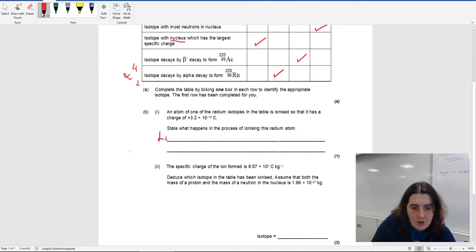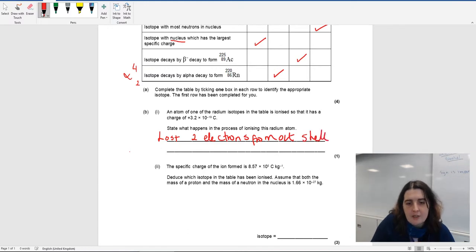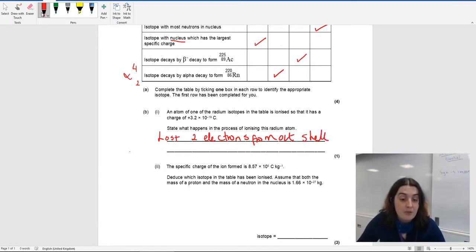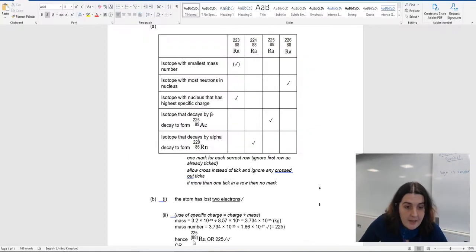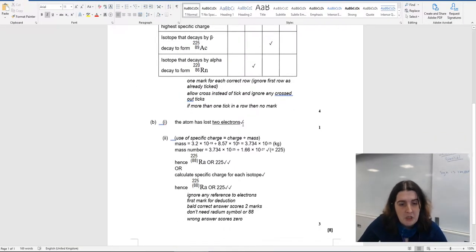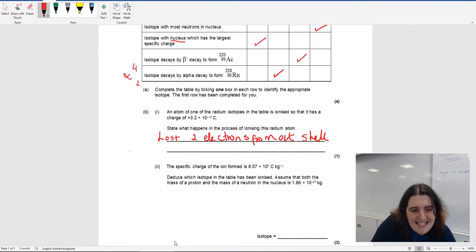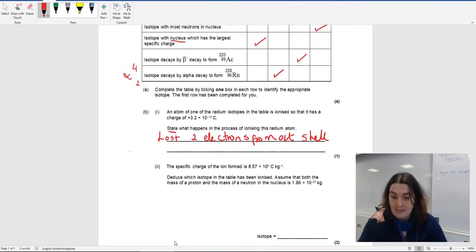It has lost 2 electrons from the outer shell. And I can tell it's lost electrons because it's become more positive. It's only worth 1 mark, and as you can see here, mentioning the atom has lost specifically 2 electrons. It says state, so you have to be specific when you have state questions.